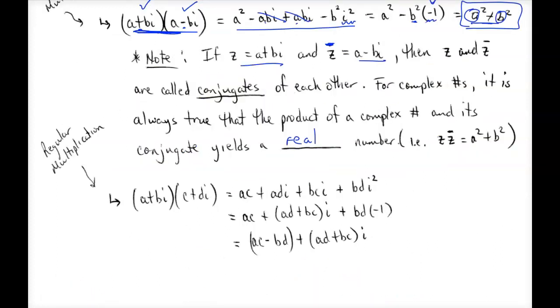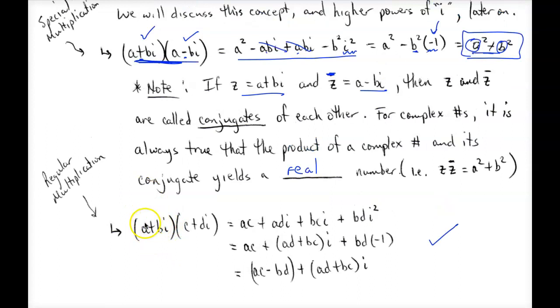So in general, whenever we are multiplying two complex numbers, and let's say they're not conjugates of each other, this is an example of what it looks like when we multiply it out. Using the FOIL method, we'll do first, outside, inside, and last. So that's what these four terms are.